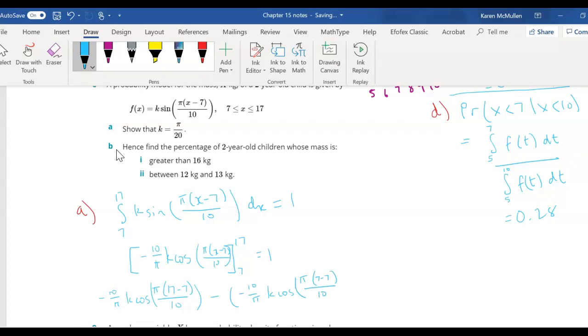But girls, this is a good question to do, good show that. So with show that questions, you should never substitute the answer in. They've given you that answer so you can use it in part B.